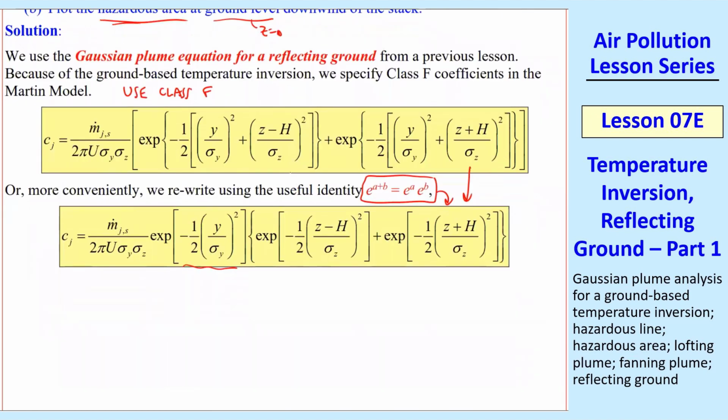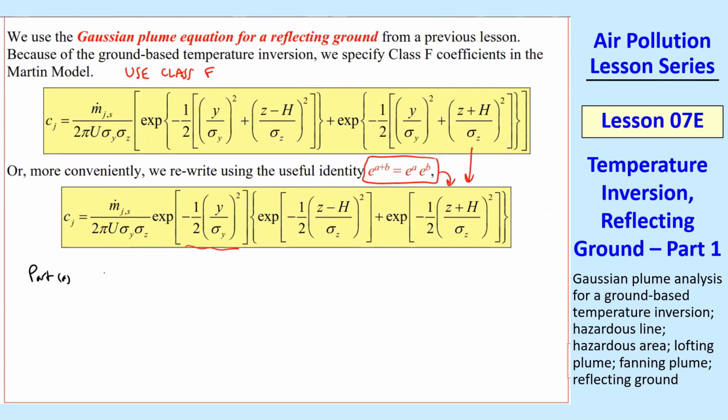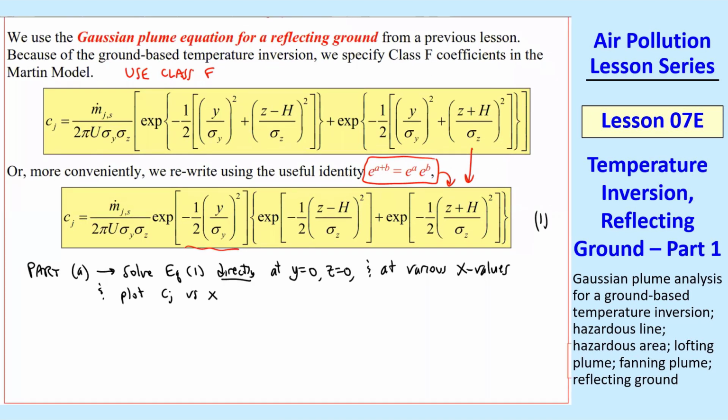Well, we've done this many times already, so I'll just summarize here. For part A, all we do is solve this equation. I'll call this equation 1. So for part A, all we have to do is solve equation 1 directly at the center line, y equals 0, at ground level, z equals 0, and you just pick various x values and plot Cj versus x, and then we'll compare that to the PEL.